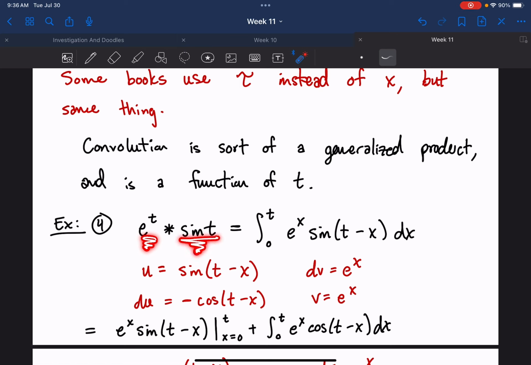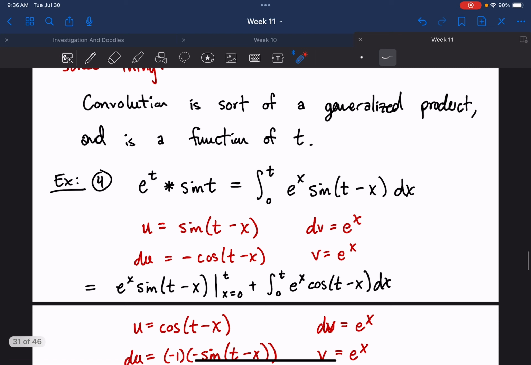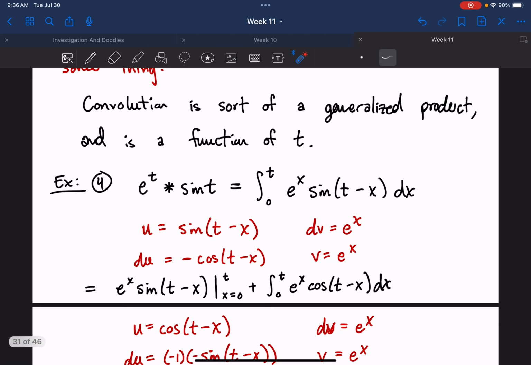No matter what they were before, now e convolution sine is the integral from 0 to t, e to the x, function of x, sine of t minus x, function of t minus x, dx. And now we have to calculate this, which is not too bad. It's going to be one of those double integration by parts things. Anytime you have an exponential and a trig function, you have to do double integration by parts.